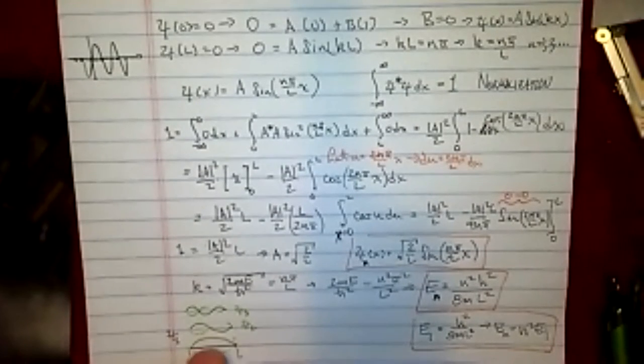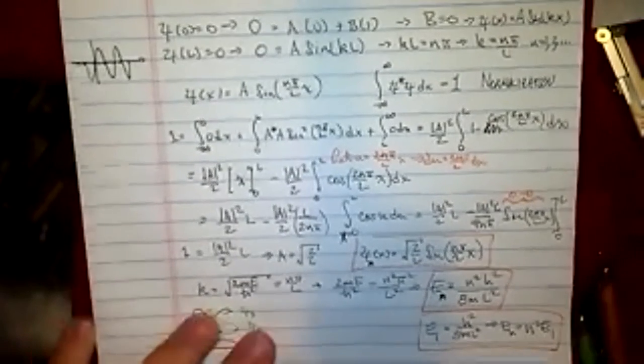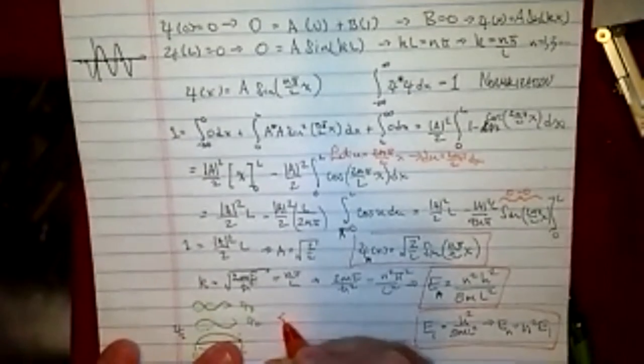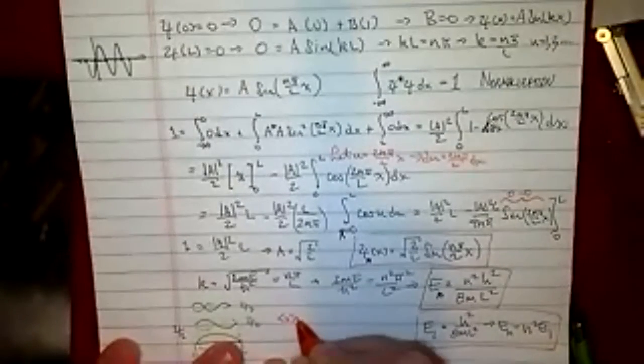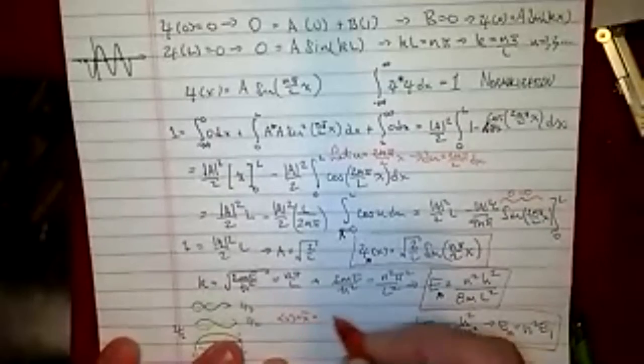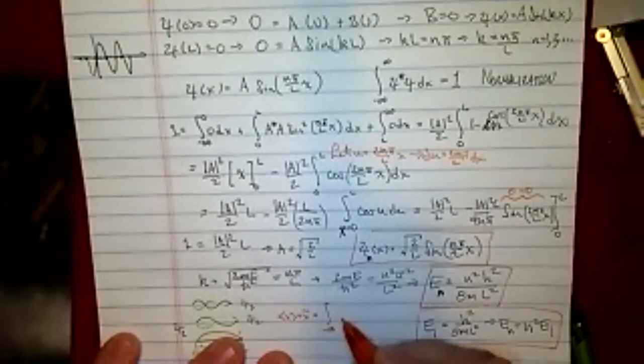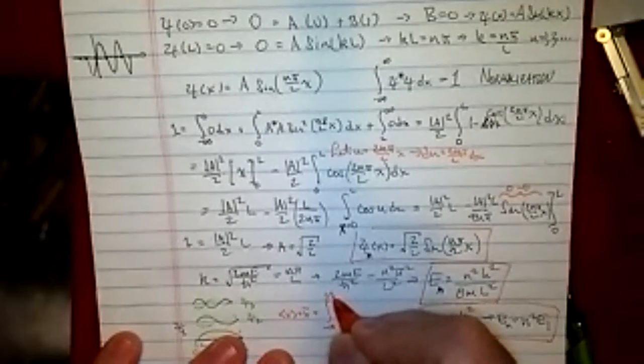I've also alluded to how you go about calculating average x. Let me write that formula down just so you'll know. If I wanted to find x average, which is sometimes written x bar, I would write the integral from negative infinity, which in our case is from 0 to L, to positive infinity.